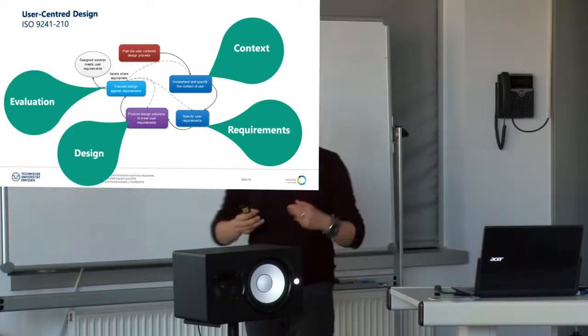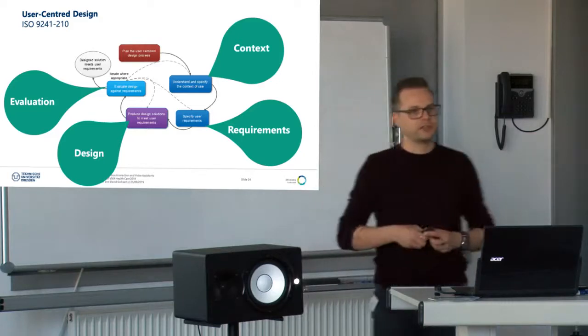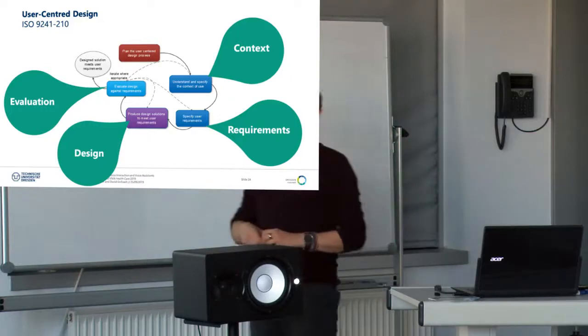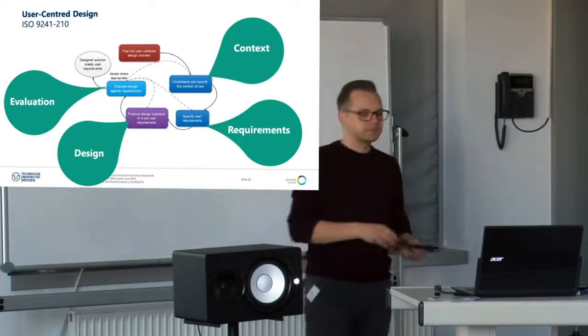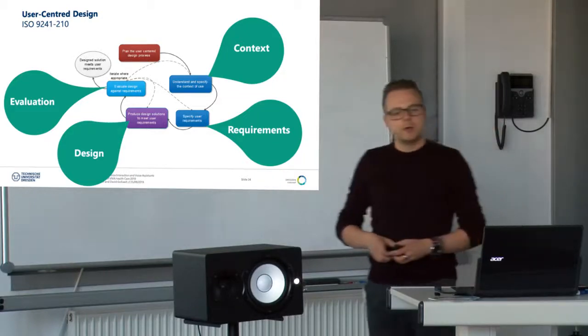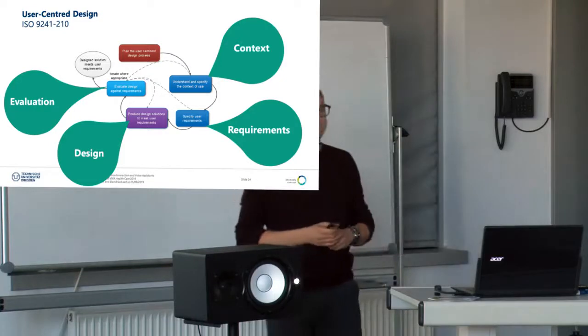So we get to know who is going to be using the assistant, or the user interface that we are designing. In the next step, we have to find out the requirements that our system has to fulfill. So we get to know the users in more detail here.